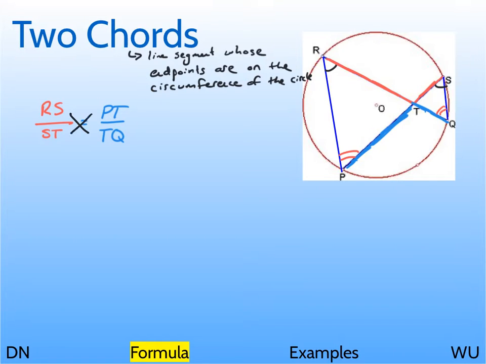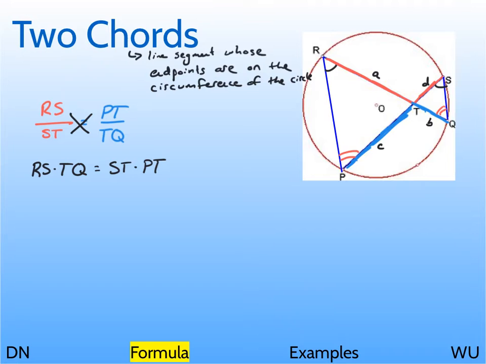So if you cross multiply, we end up with RS times TQ equals ST times PT. Now these look a little weird with the letters and everything, but think of it this way. If we label this little side A, and this B, and this C, and this D, those are our side lengths right there.